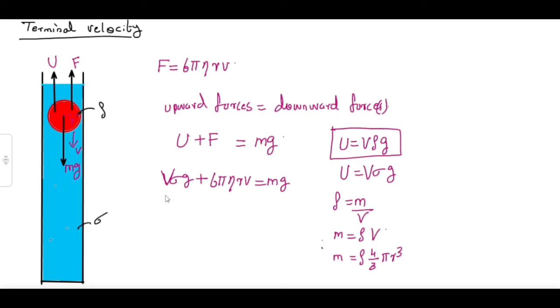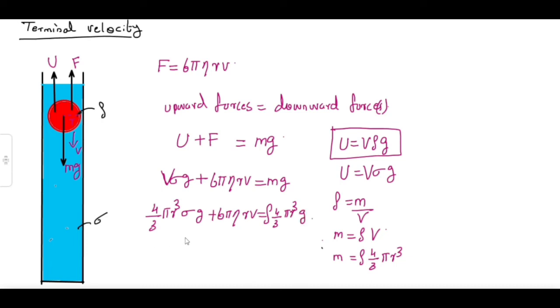So in this equation, for volume, we can write the volume of the body itself: 4 by 3 pi r cube, that is the volume, into sigma g, plus 6 pi eta Rv, which is equal to mg. What is m here? Density into 4 by 3 pi r cube into g.